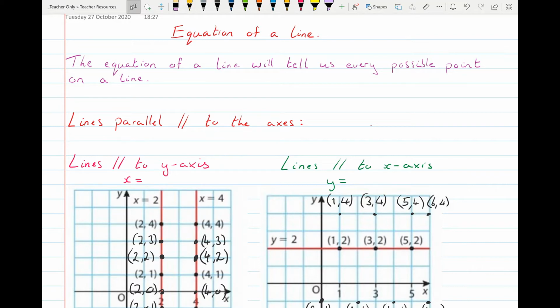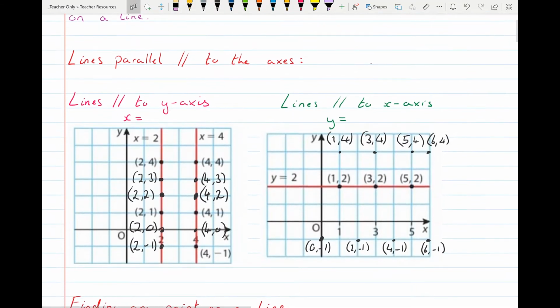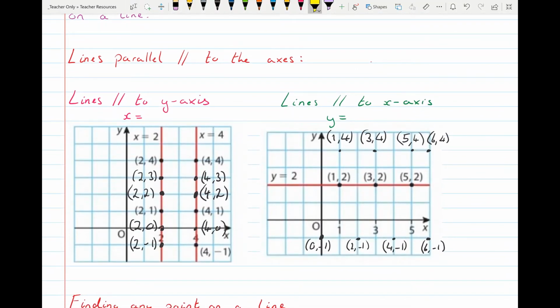First, we'll look at lines that are parallel to the axis. So we'll begin with parallel to the y-axis first. And these red lines, we'll look at this red line here first on the left. Examining that, if we look at all of the points on that line, they all have something in common. All of their x values are 2 because it is a vertical line that goes through 2 on the x-axis.